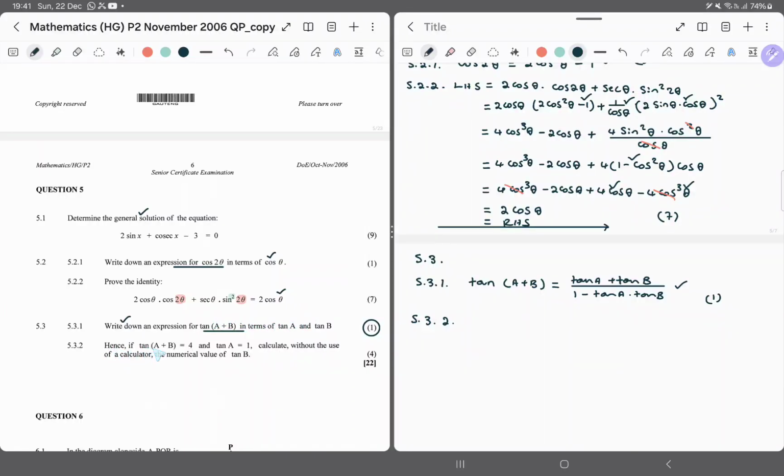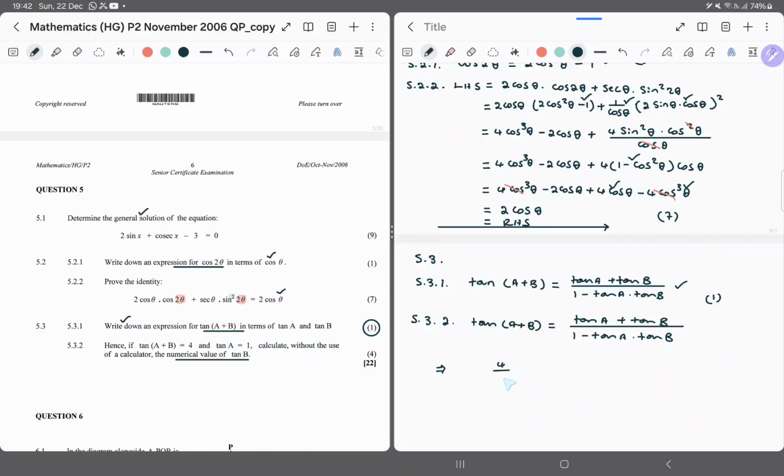Now the question says, hence if tan of A plus B is 4 and tan A is 1, calculate without the use of the calculator the numerical value of tan B. So this means we're just going to take what we just wrote. tan of A plus B is equal to the ratio of tan A plus tan B divided by 1 minus tan A, tan B. Now this implies we have tan of A plus B, we are told, is 4.